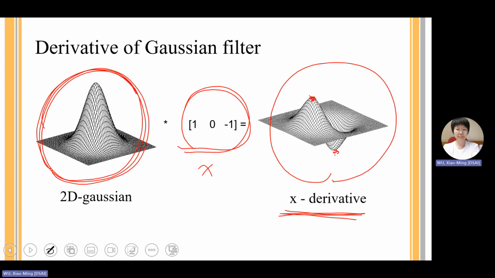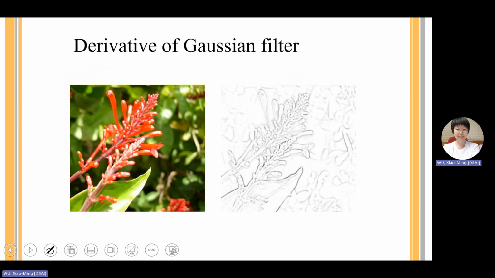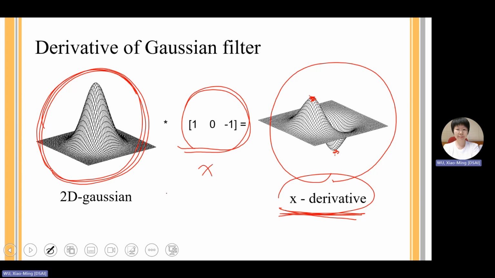Similarly, we have the y derivative of Gaussian, obtained by convolving with the vector 1, 0.